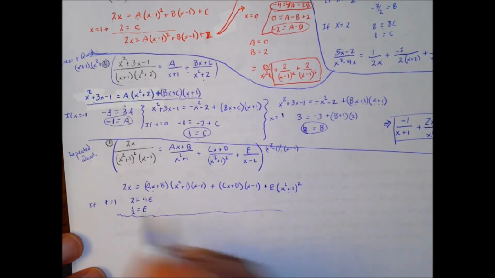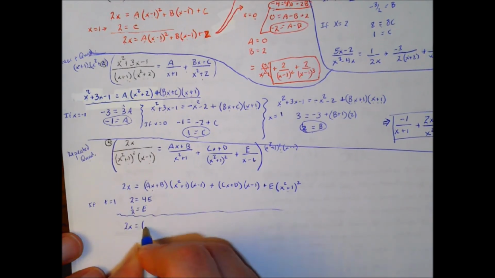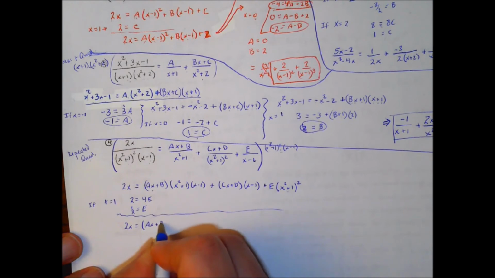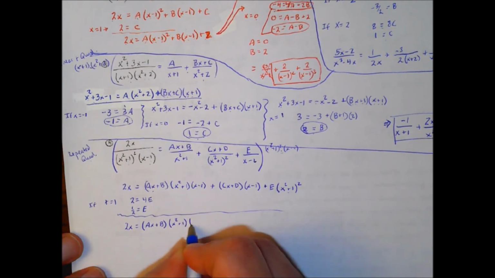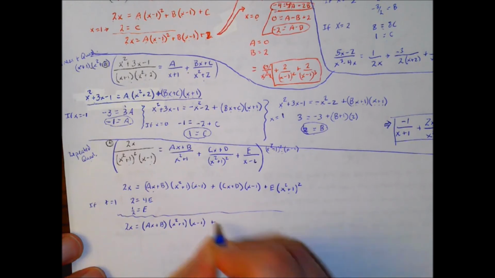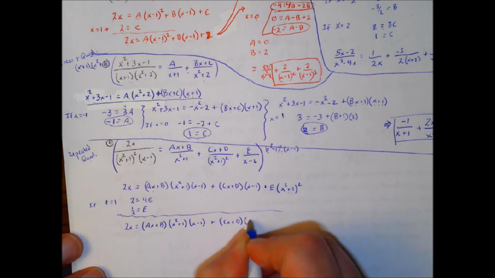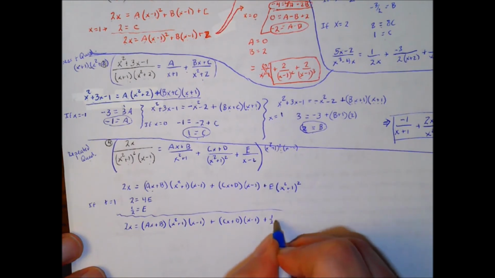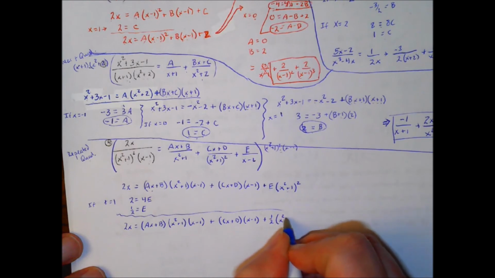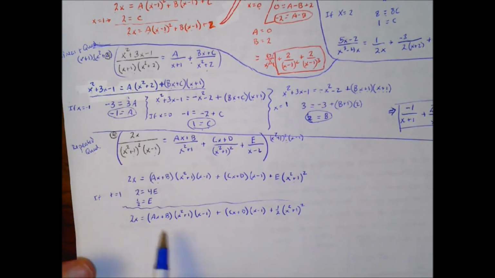Now let's take that e and plug it in right here. So then I'm just going to rewrite all this. If I have a 1/2 right here, now what I want to do is multiply all this together.